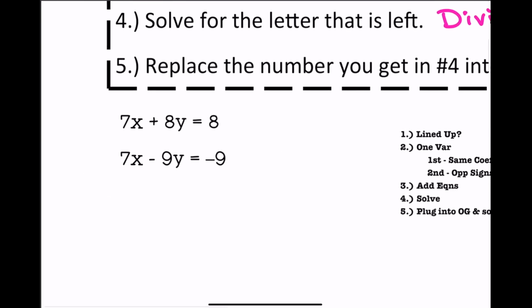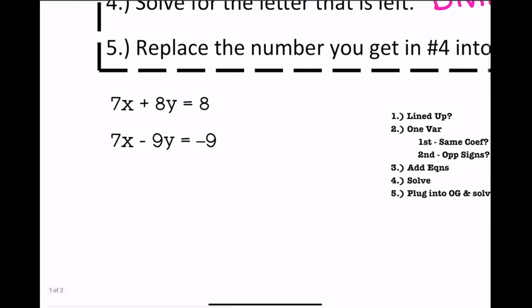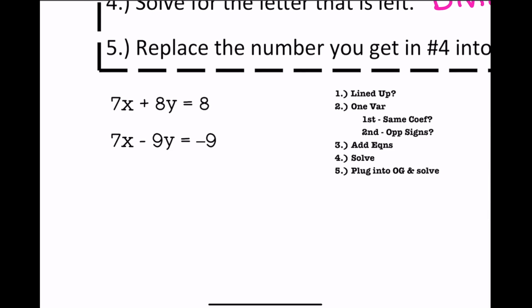So here we go. Here's my checklist. Let's start going through our checklist. Looking at our equation here, is everything lined up? We got x's lined up, y's lined up, equal signs lined up, and the numbers lined up. So everything's lined up. Then we're going to check for one of the variables, these two things.